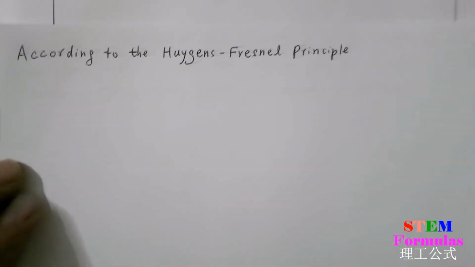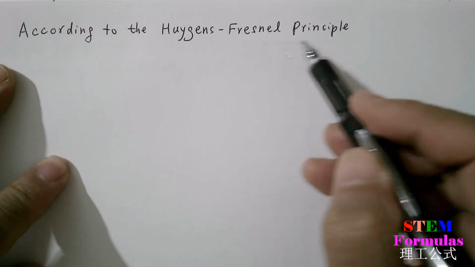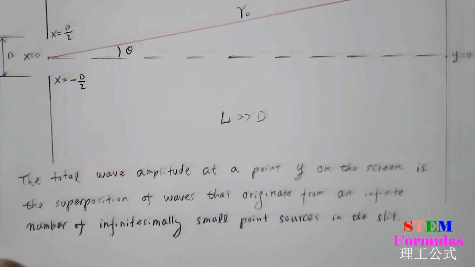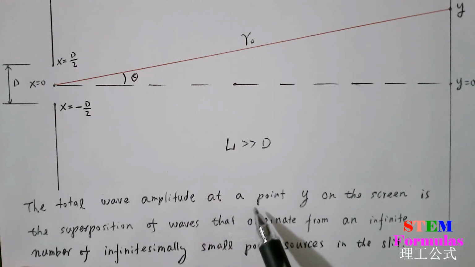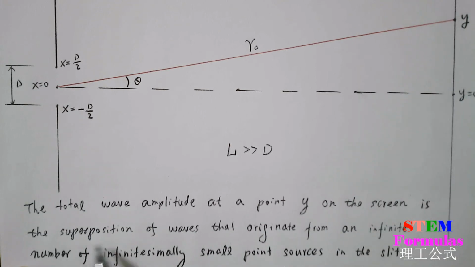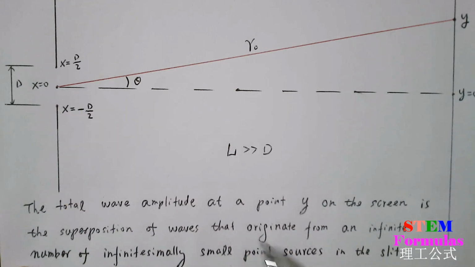According to the Huygens-Fresnel principle, the total wave amplitude at point y on the screen is the superposition of waves that originate from an infinite number of infinitesimally small point sources in the slit.